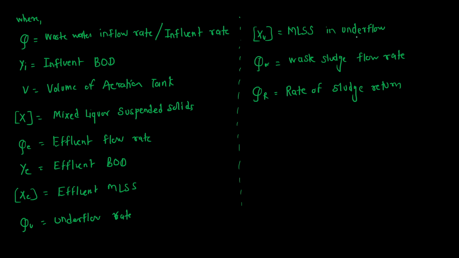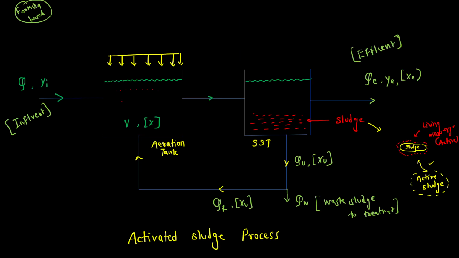What is meant by underflow? Underflow means when we are taking a certain amount of sludge from the secondary sedimentation tank, only a part is taken for recycling, and the other is taken to the next treatment process, that is sludge digestion. The next processes are sludge digestion and sludge thickening.